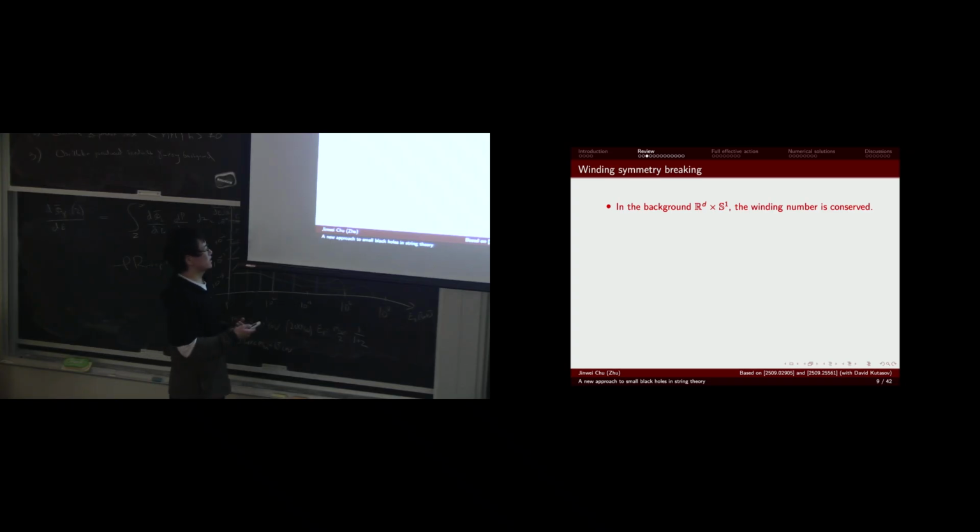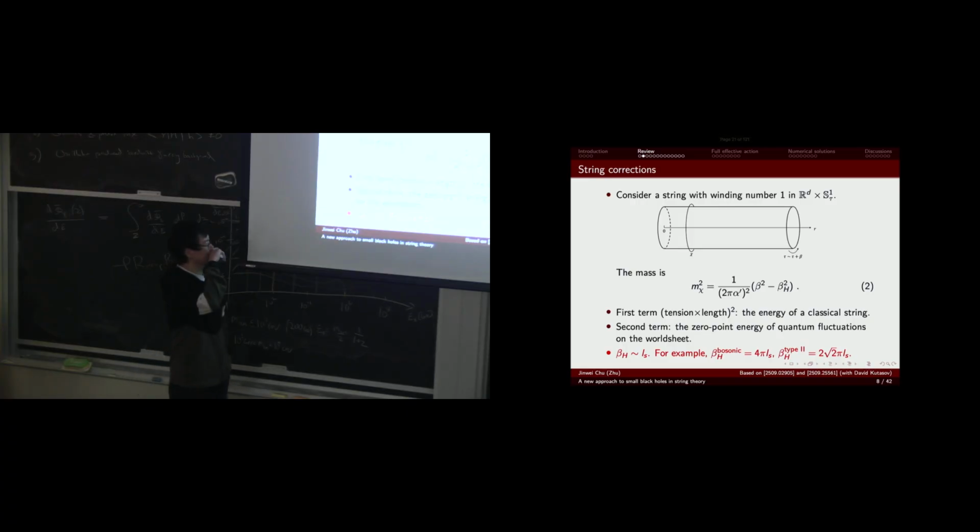Sorry, can I ask a question? Yeah. Is there an intuitive argument for why quantum fluctuations should decrease the mass? Maybe it's obvious. I think so. First, in bosonic string theory, it's just like some generalization of the harmonic oscillator. And in that case, we know that the zero point energy is negative.